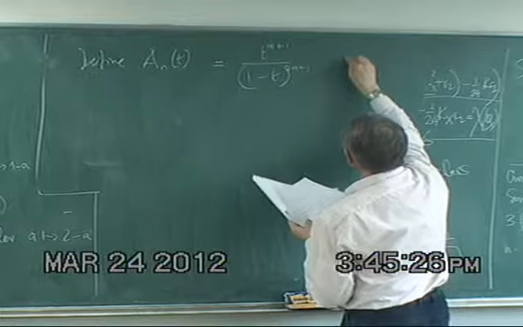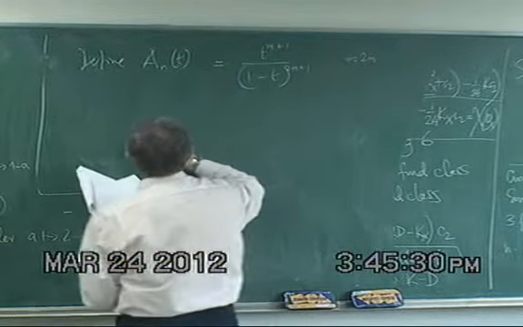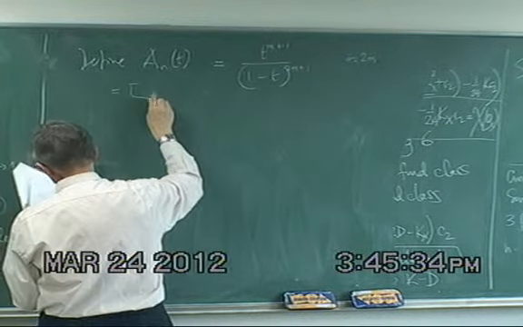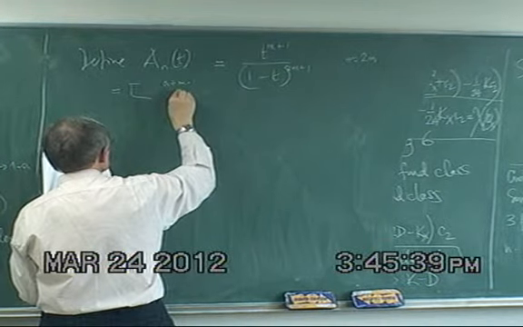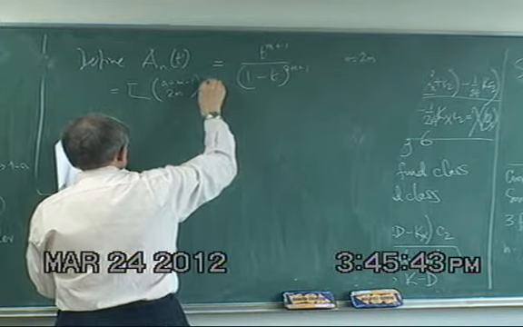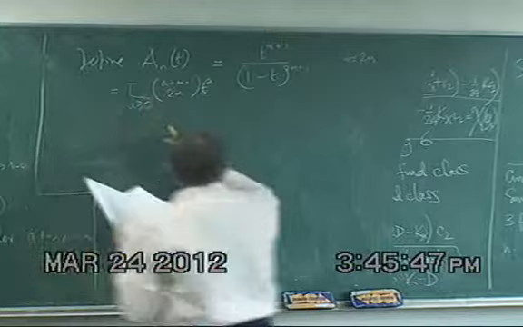This is for n equals 2m. And so this thing here is what you get by summing a plus m minus 1 choose 2m times t to the a, summed from a greater than or equal to 0.